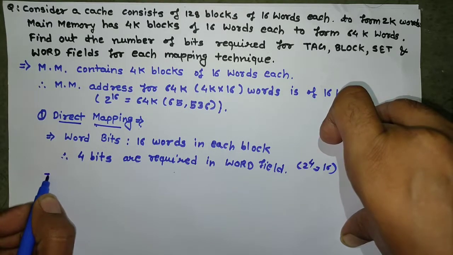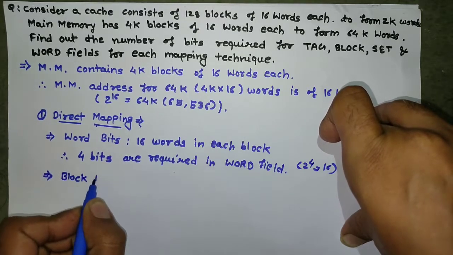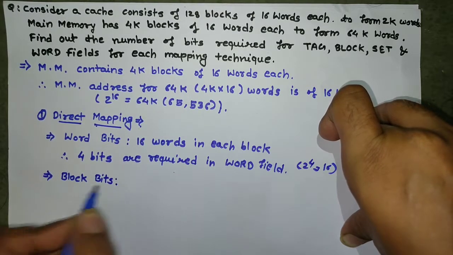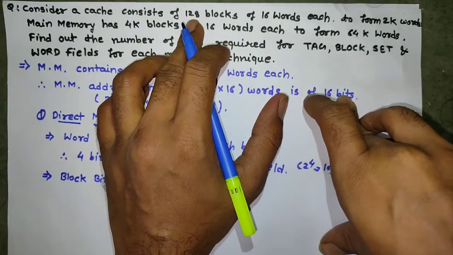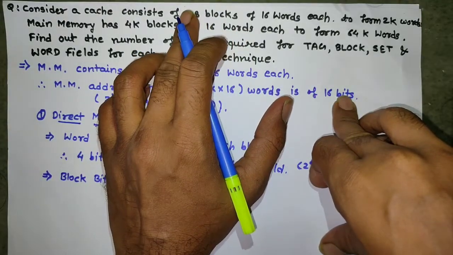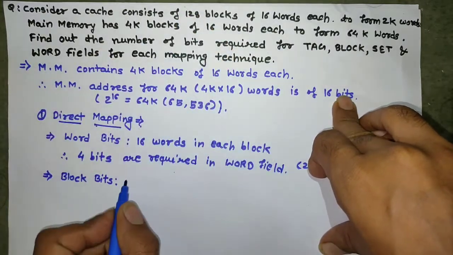Then we will find the block field bits. For finding the block bits in cache, how many blocks are there in the cache?